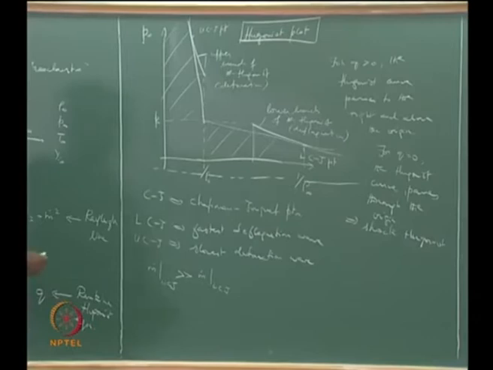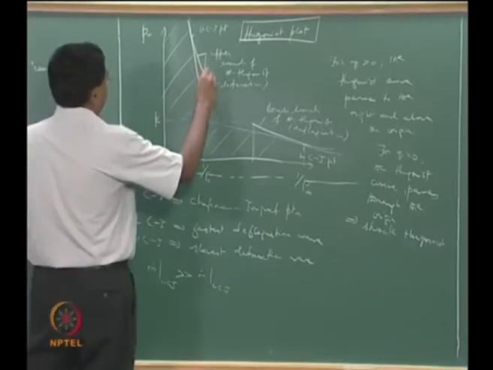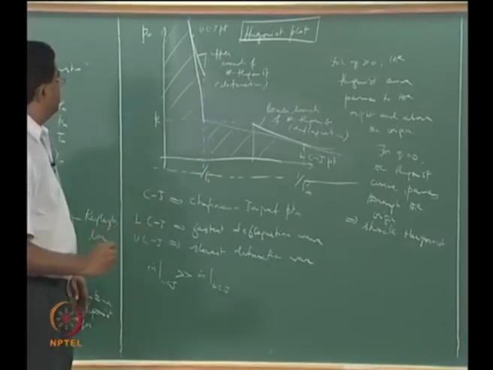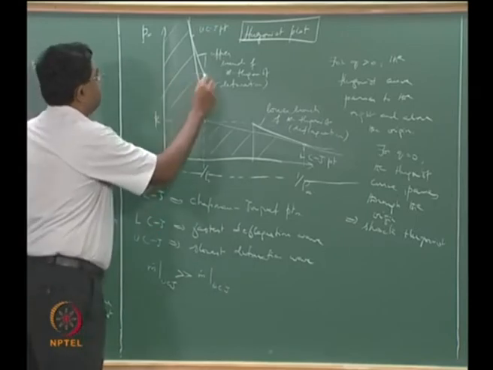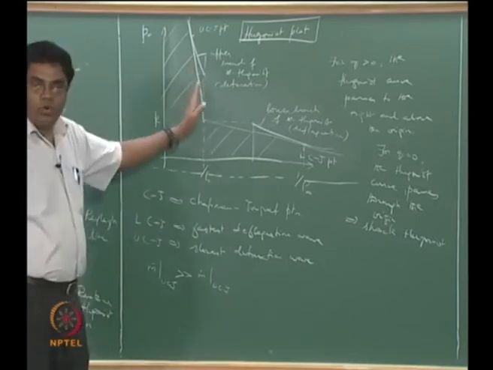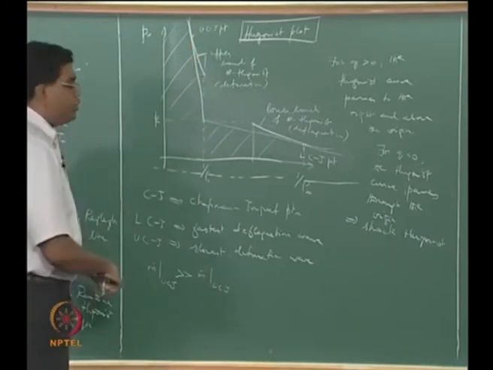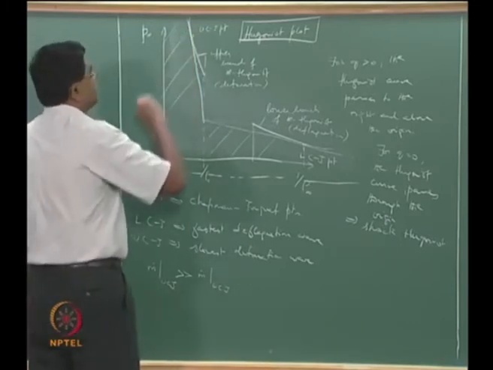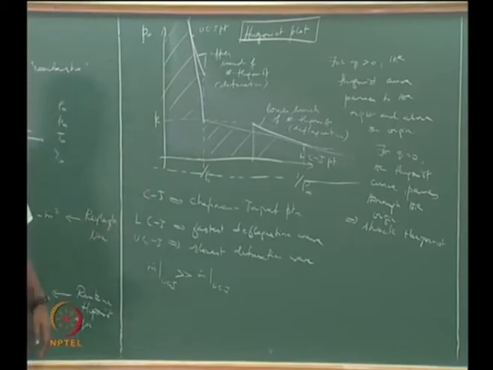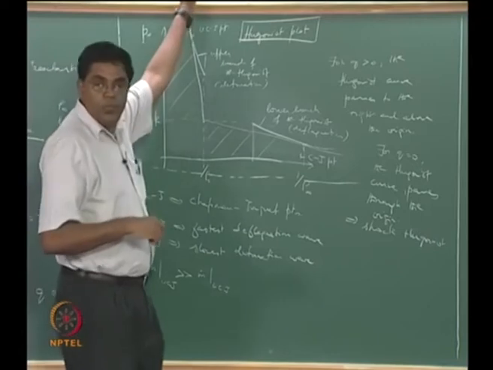Similarly, you can look at the upper branch and find out that the lowest value P infinity can take will depend on Q, but the corresponding 1 over rho infinity will be equal to 1 over rho naught. Then you can also locate this point, the UCJ, and then where does it go?